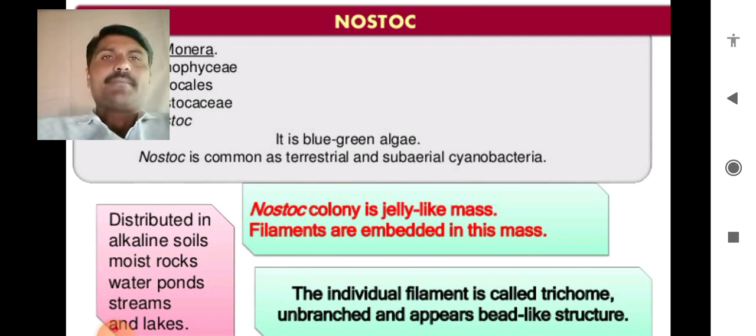Some scientists place them in the group of bacteria. That is why they are also called cyanobacteria.